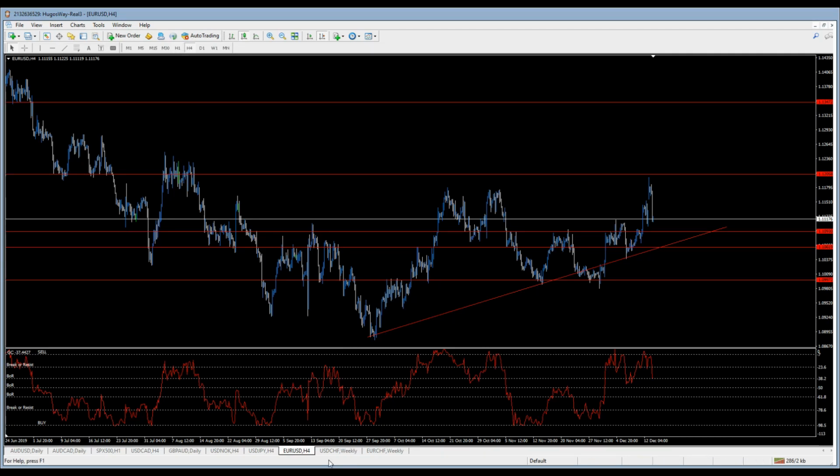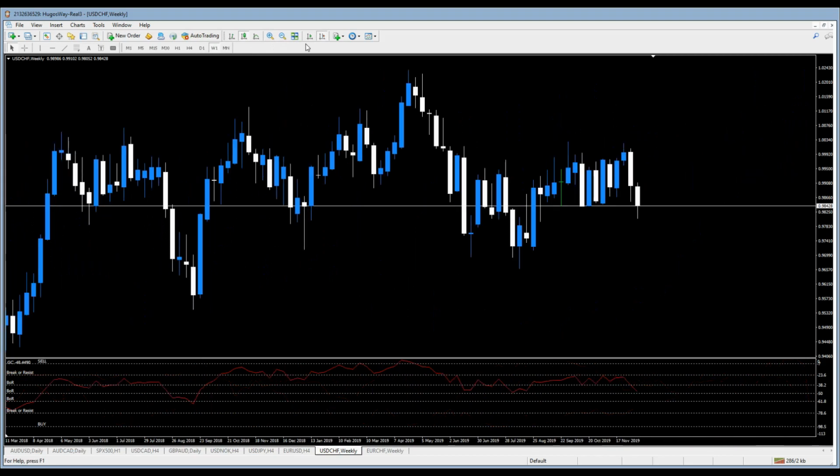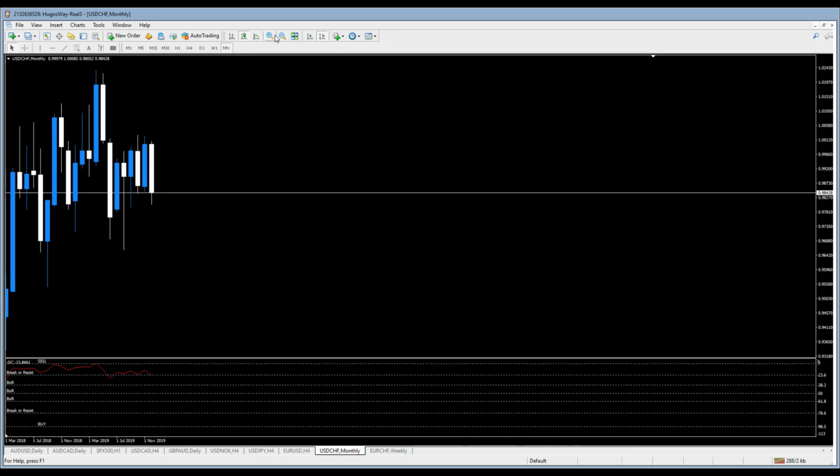Let's move on to USD-CHF. Already looking from my eyeball, I'm looking at the 50% on the golden chip. We see a lot of confluence, a lot of areas that have been rejected. So let's go to the monthly.